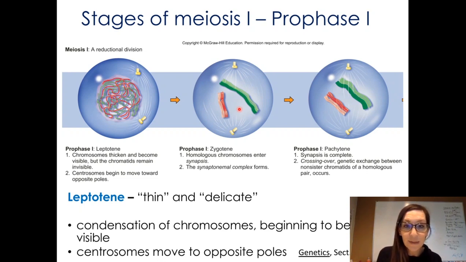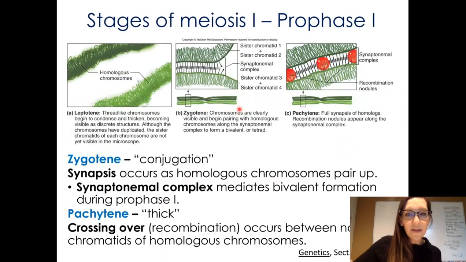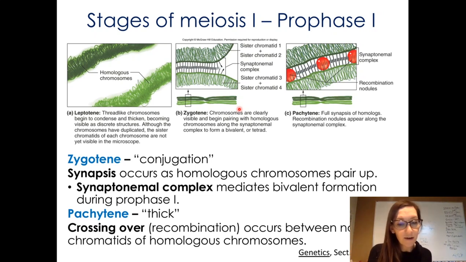That's really important because that's going to allow them to form crossovers, and that is one of our key ways that we create genetic diversity. So this stage is called zygotene. I remember this just because a zygote is fusion of egg and sperm, and so the zygote here in this case is fusion of the two homologous pairs. Okay, so it's the conjugation stage.